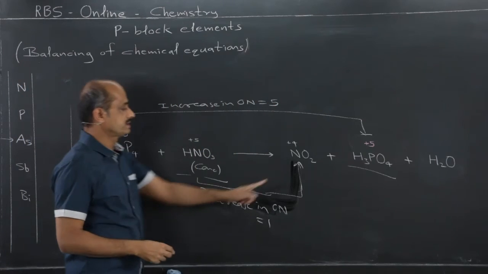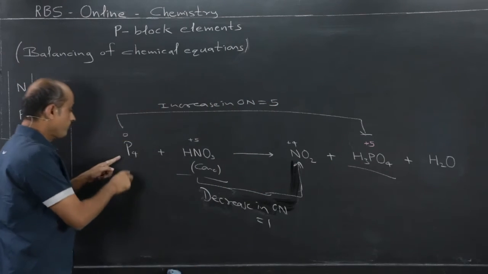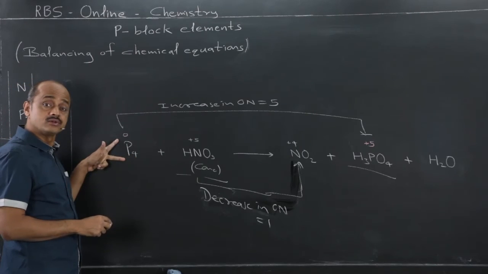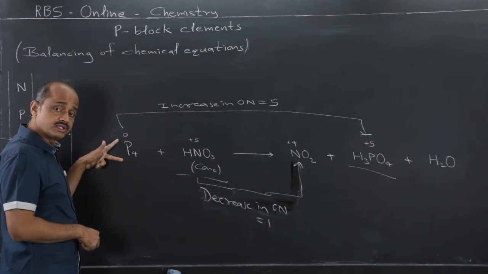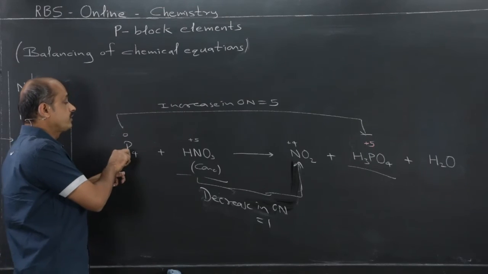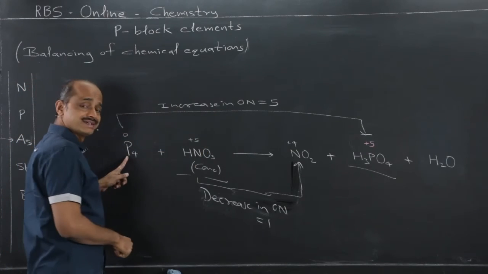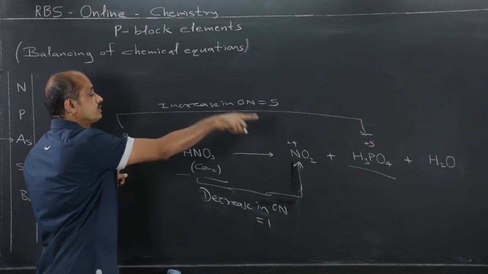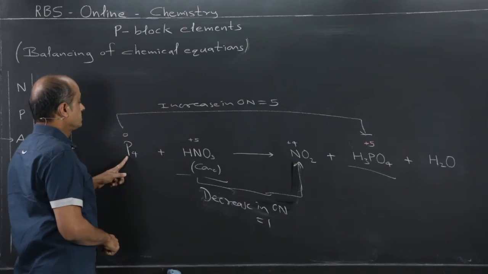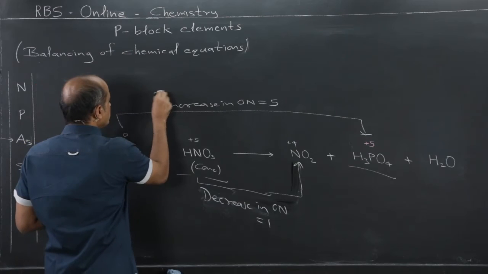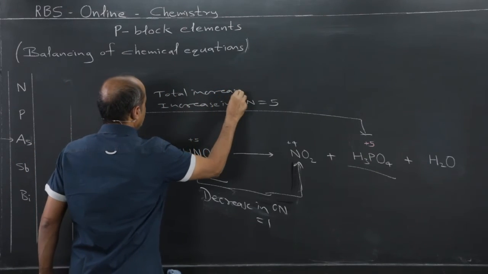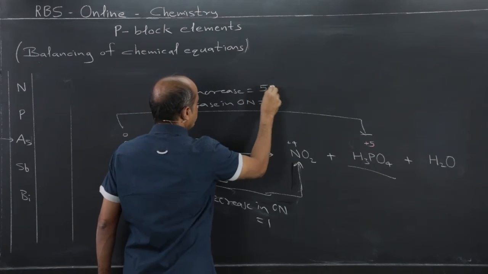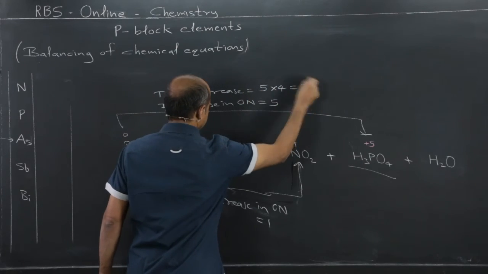But such 4 phosphorus atoms are present in one molecule. Such 0 oxidation number carrying phosphorus, such 4 are present. If 1 phosphorus changes to phosphoric acid, oxyacid, increase in oxidation number is 5. Such 4, and therefore total increase is equal to 5 into 4, that is 20.